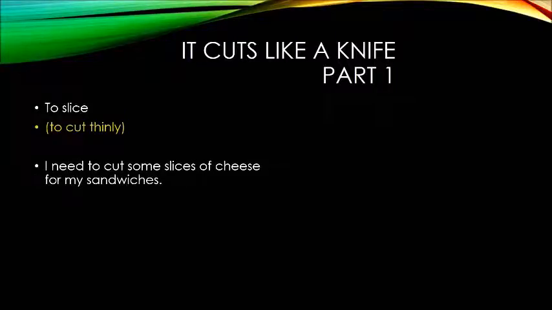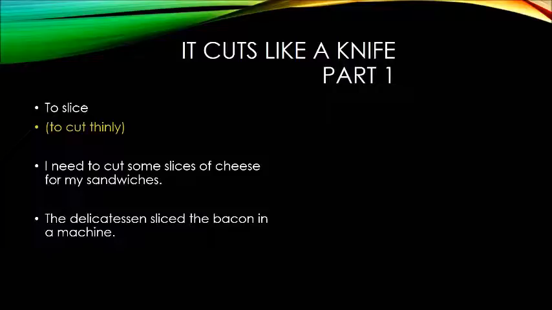To slice. Okay, so if you're slicing something, you're using a knife to make a very thin cut. So you would slice cheese, slice ham, anything like this. Okay, so as you can see here, to cut something very thinly. And my example, I need to cut some slices of cheese for my sandwiches.